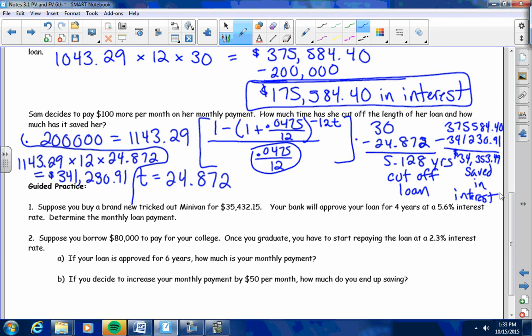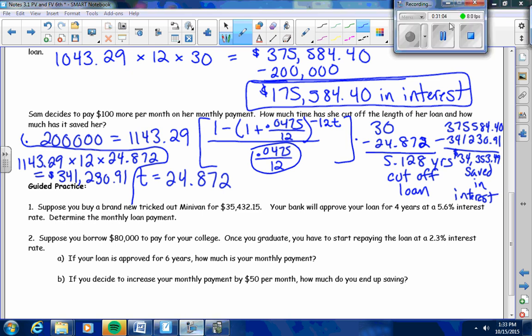That's how much she saved. So do you think that's worth it? Yes. Yes, that would be worth it. Okay. Questions? Very good.